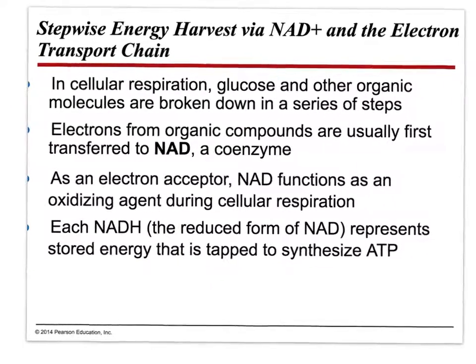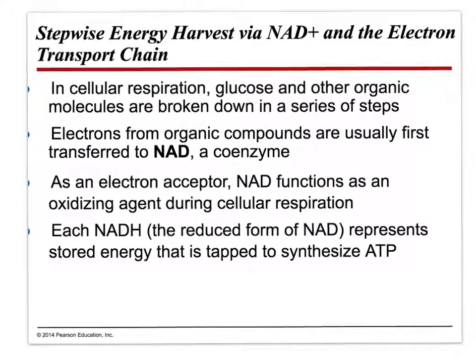Now, I said this was a stepwise process, and it requires an electron carrier. Because we're going to move the electrons off of glucose in an ordered fashion, we're going to pull them off one by one by one. Then we're going to hold on to them and transport them. We don't want to just dump them on oxygen right away, because then we can't harvest as much energy from them as required.